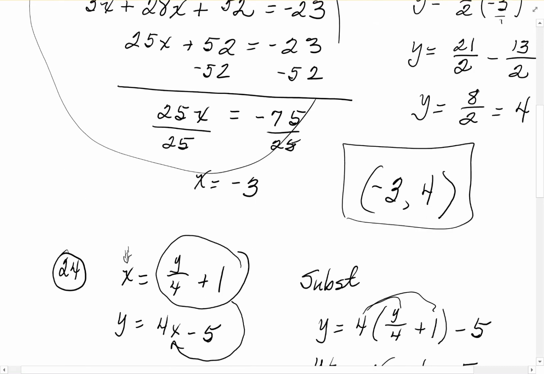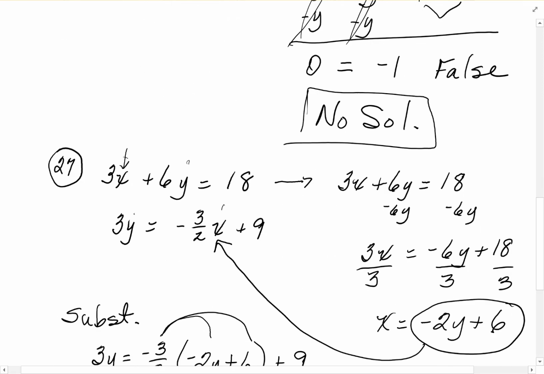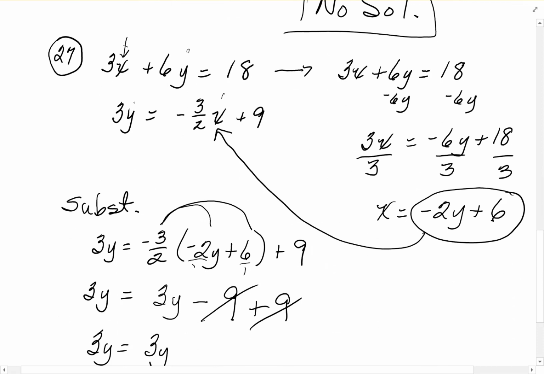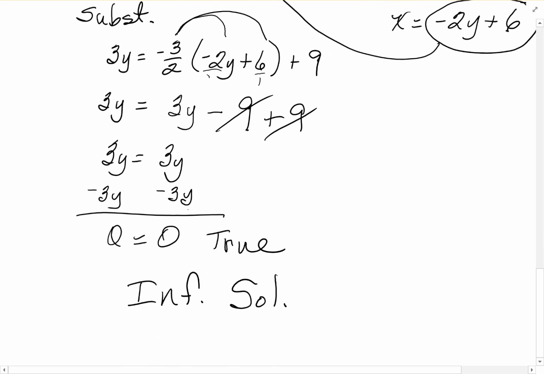You actually could solve. But in 24, those y's dropped out, and you got a false statement, no solution. And in the last one I did, they dropped out, but you had a true statement, so it was infinite solutions. I hope this helps a little bit.